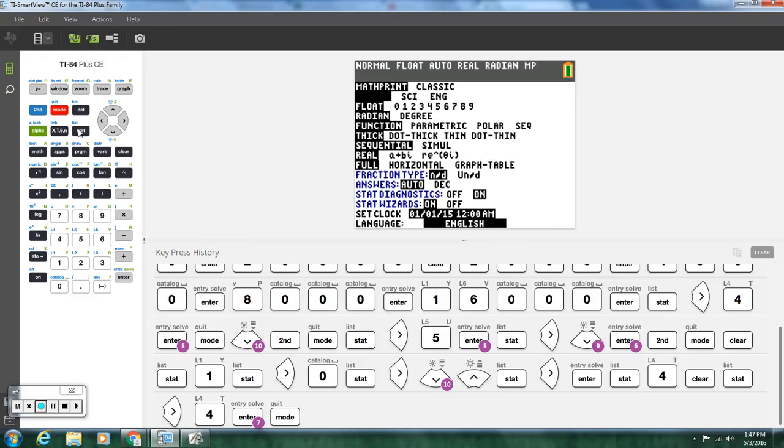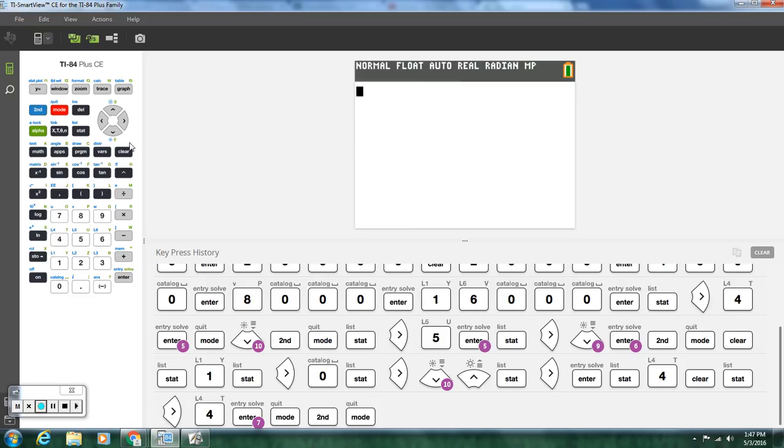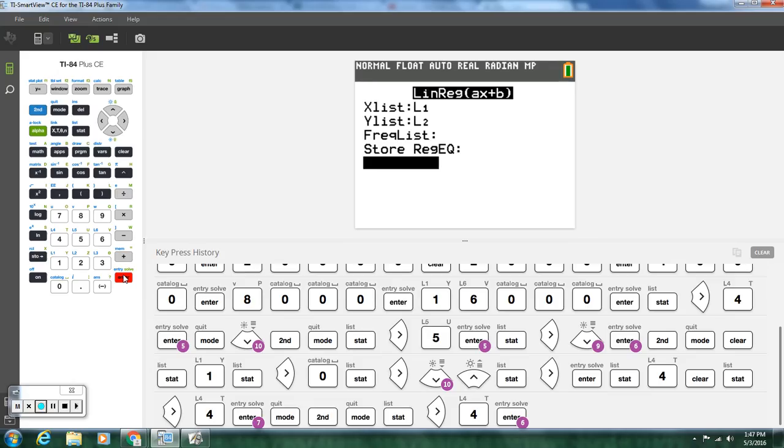Go to mode, and make sure that your diagnostics are on, because if they're not, it's not going to give you that R. And you don't want to miss 2 or 3 questions just because of something simple like this. I promise you, you will have questions where you need to see that R. If you calculate your regression, whichever one it is, you're going to need to see whether it's a good fit or not.